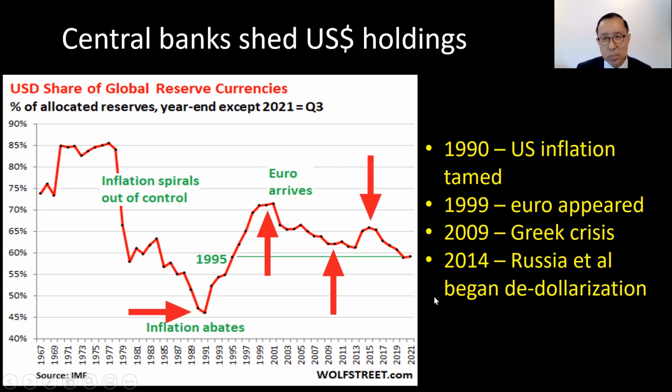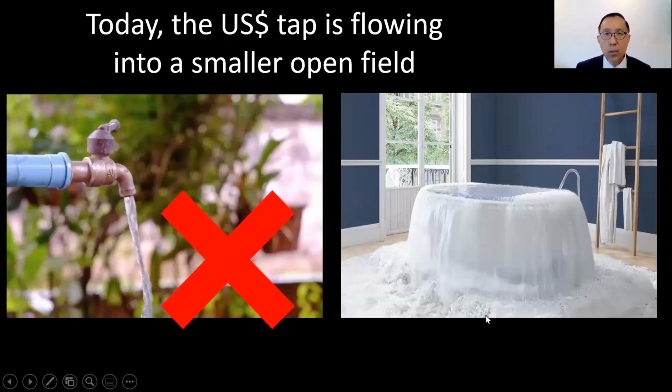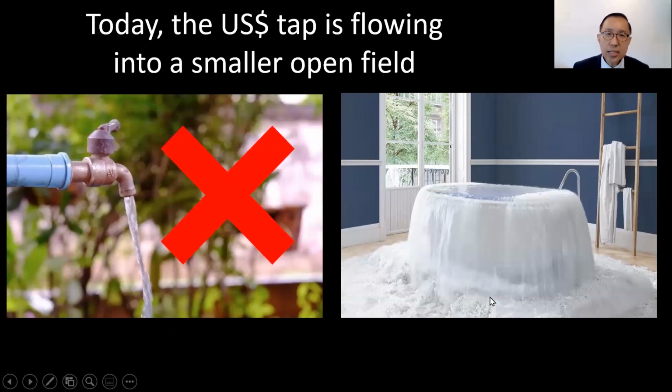That means they didn't want to be under the thumb of the US dollar, and so they began to use less US dollar. So what has happened? Well, it's like the tap of running water is now flowing into a smaller field. And so de-dollarization has made that.